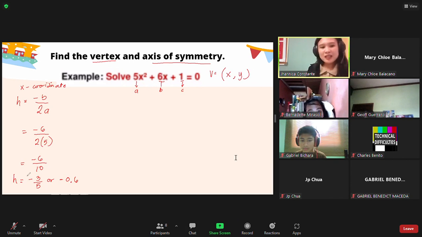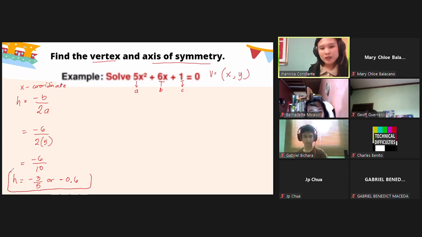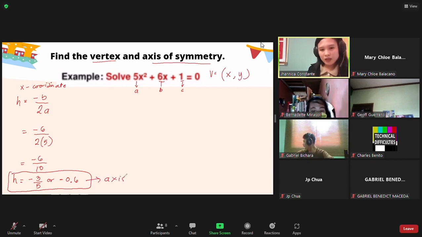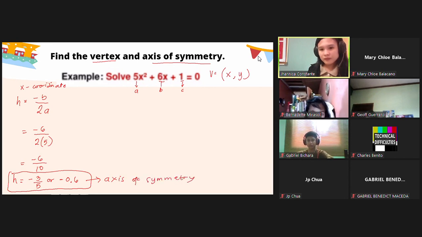So this negative 0.6 or negative 3/5 is your x coordinate and also your axis of symmetry. That is our axis of symmetry.